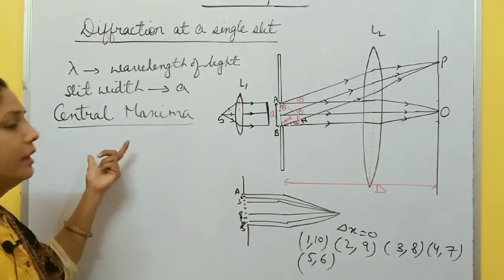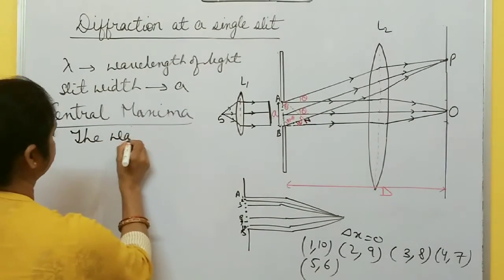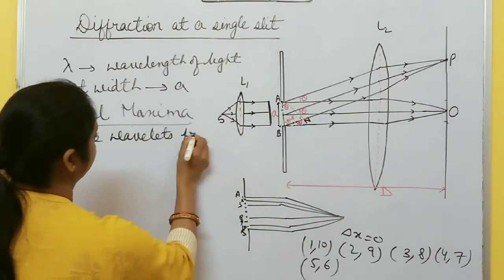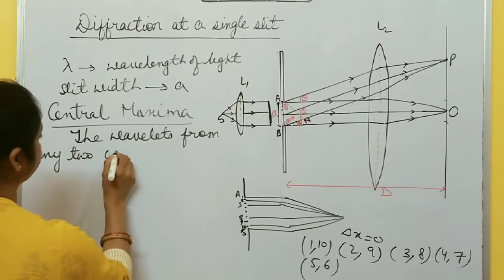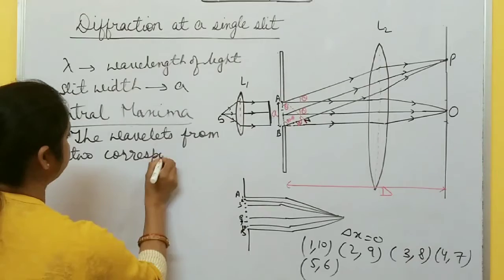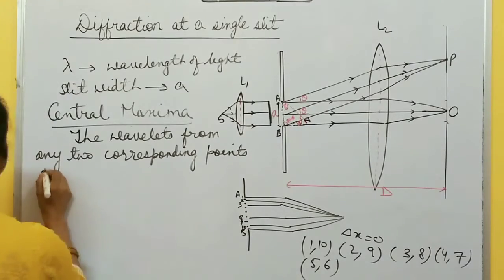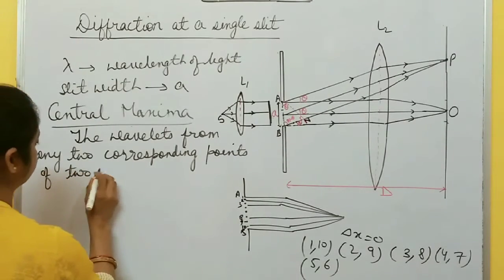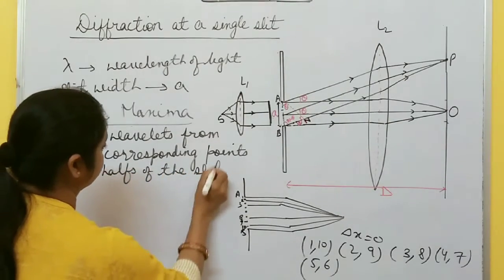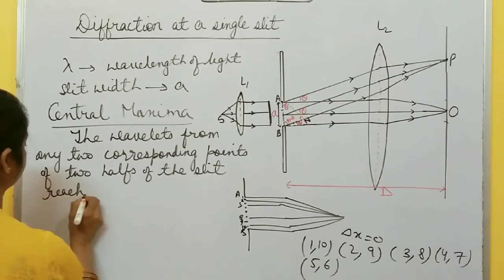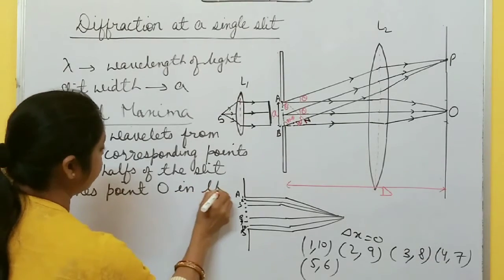So you write in short that the wavelets from any two corresponding points of two halves of the slit reach point O in the same phase. Corresponding points is what is important.